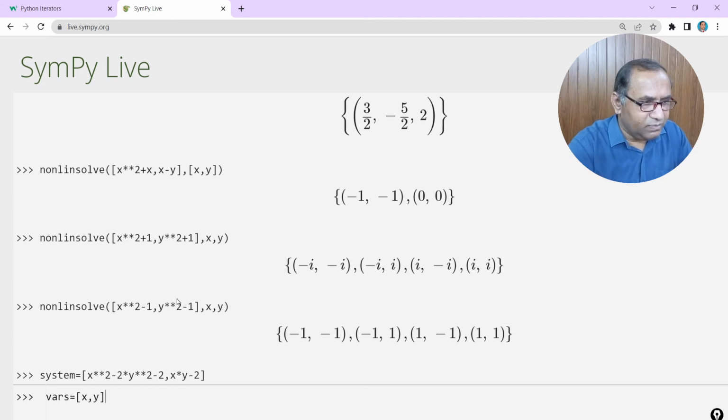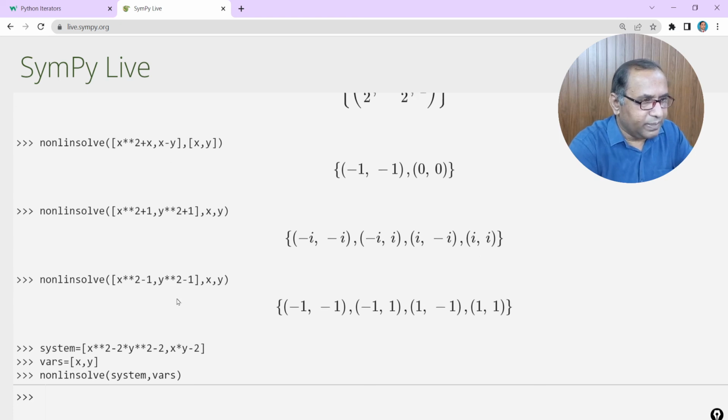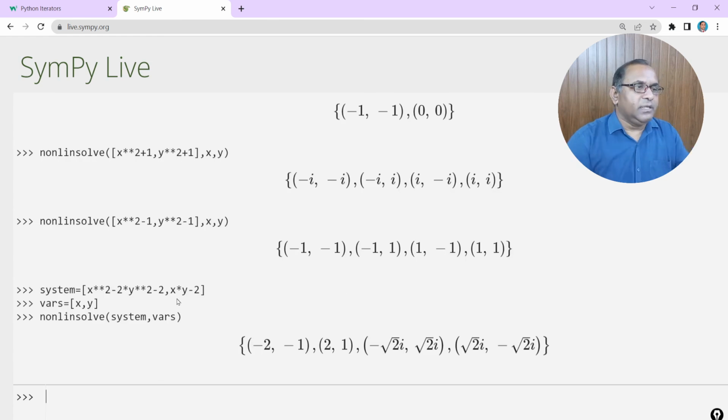Now use the nonlinsolve function, first the system, then the variables, and then enter. Yes, so this is another way to write the system of equations and declare the variables, then use the nonlinsolve function, and it will return all possible sets of solutions.